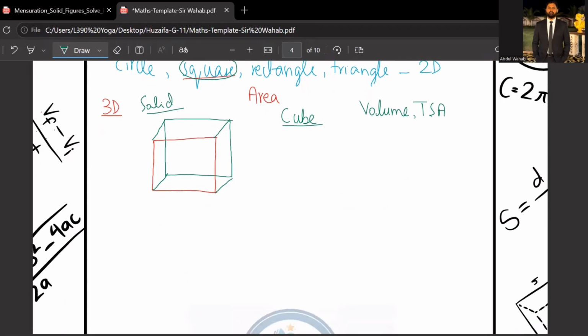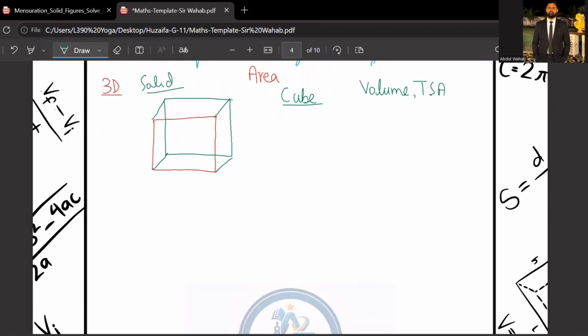Now, if we talk about the solid figure represented here by the diagram, which is a cube, this cube comes from a square. So all the sides, let's say side 1, side 2, side 3, side 4, side 5, and the front side is also 6. Basically, it's a six-sided figure.